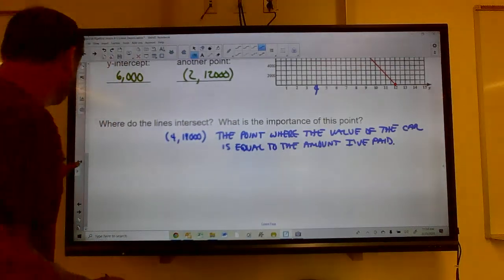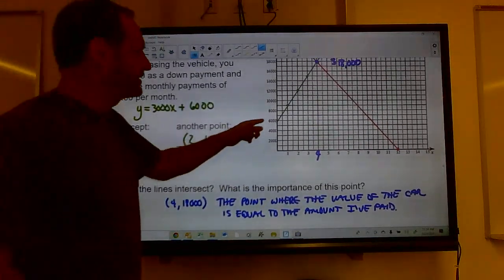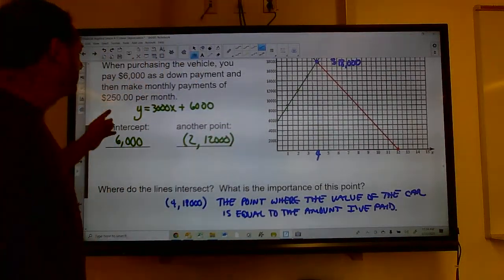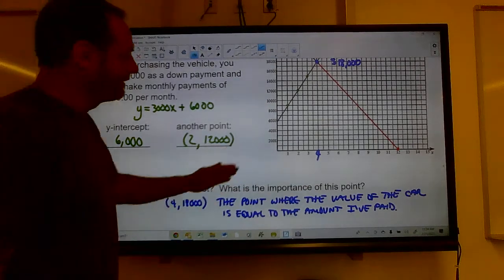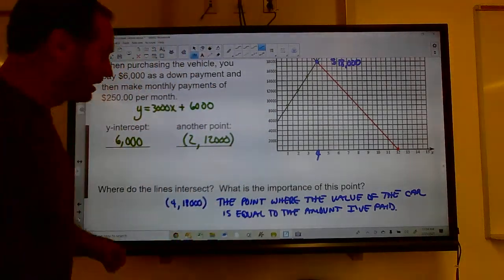Okay. Now notice it didn't start at 0. It started at 6,000 because I said I had a down payment of $6,000. So I had to give 6,000 at time 0 to get that car.